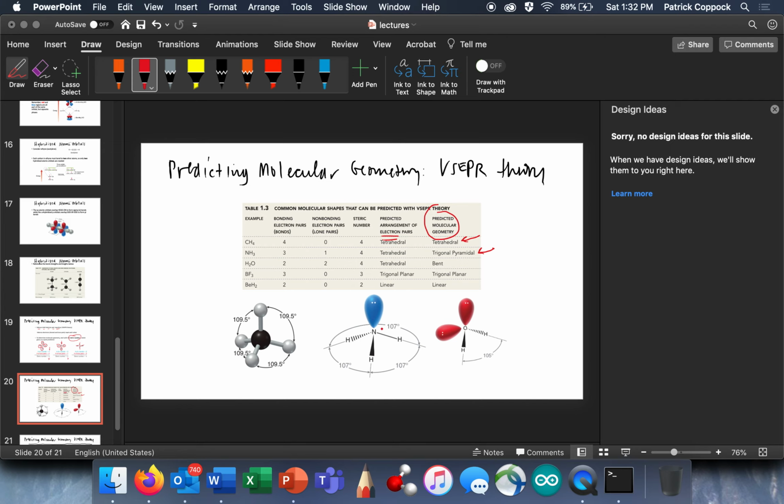It's like a flattened 3-sided pyramid. We're naming the shape of the molecule for just those atoms, so we're ignoring the lone pair when we're naming it. It's there, but we're not using it in its name. Now, for water, we're naming the shape based upon those 3 atoms there, and so we call it bent.